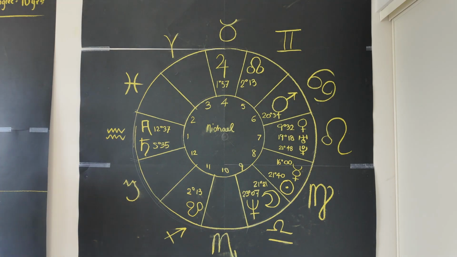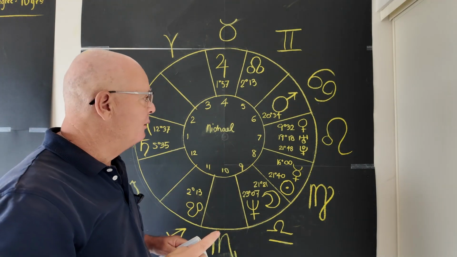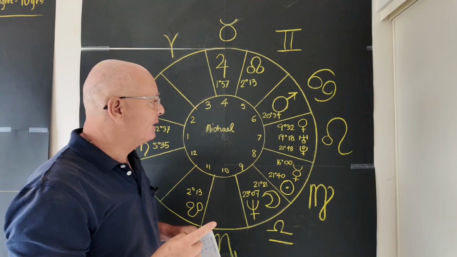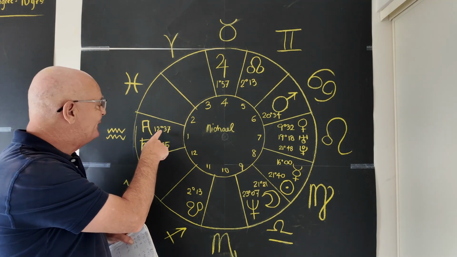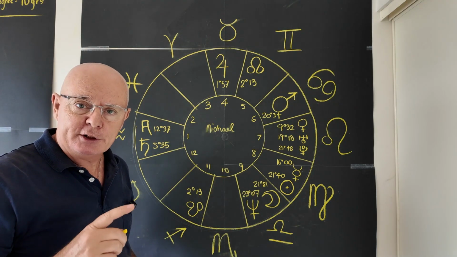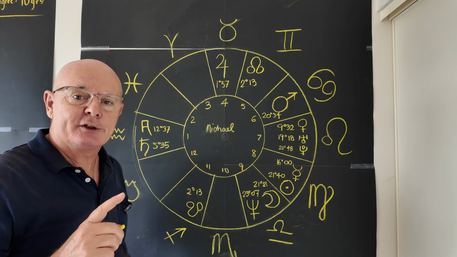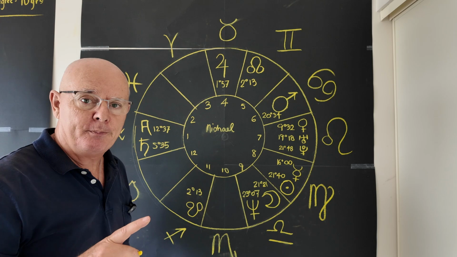The next aspect is that, and here I'm going to mention quickly that this degree on the ascendant, 12 degrees 37, is the most effective point of every house. In this respect, systems approach to Vedic astrology is like using equal houses.